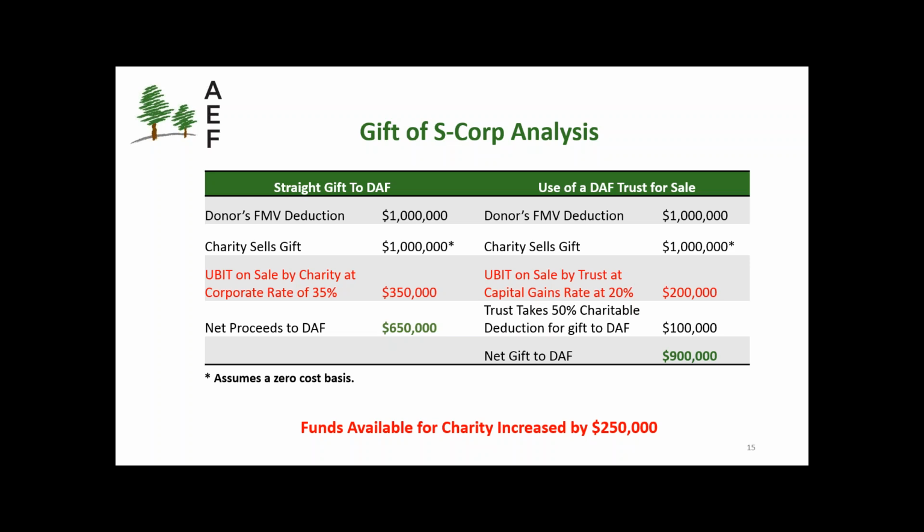So that's incrementally $250,000 better by taking it through the right pocket than the left pocket. So that's how that structure works.